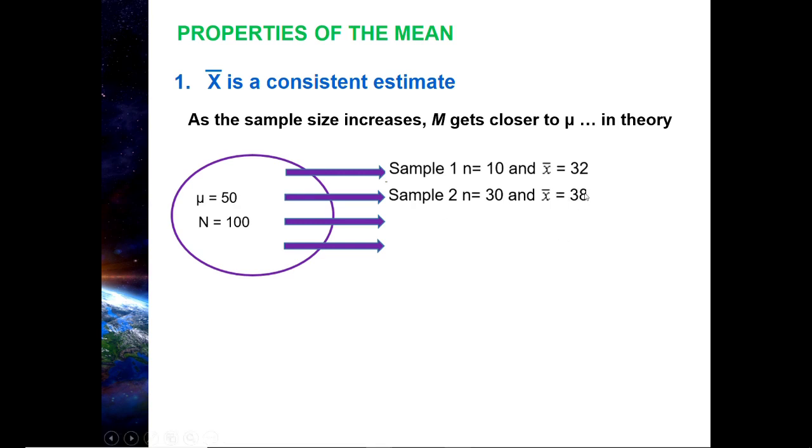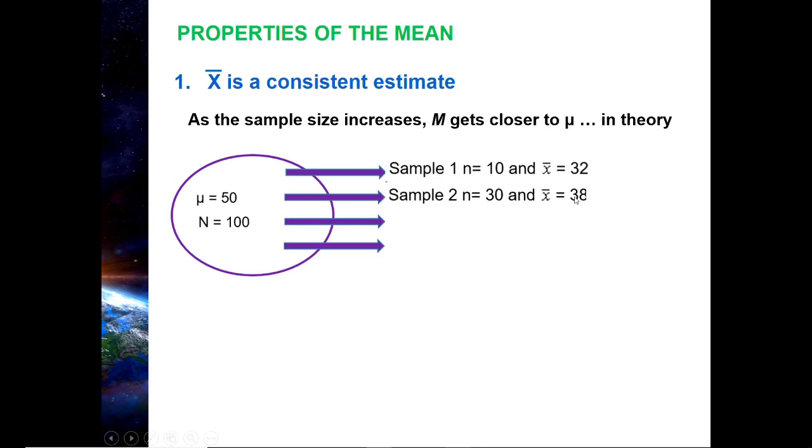Now, I am coming up with numbers here to reflect what we should see as a trend in theory. I don't know that we're going to get 32. I don't know that we're going to get 38, but in theory, with a larger sample size, we should get an estimate that is closer to the actual population mean.